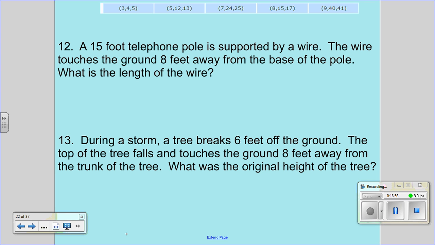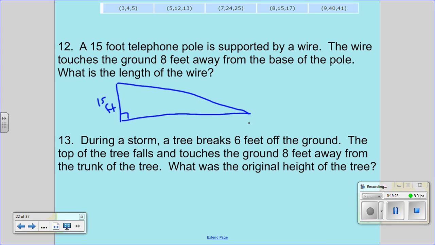Number 12 says a 15-foot telephone pole is supported by a wire. The wire touches the ground 8 feet away from the base of the pole. So we have a pole that's 15 feet with a wire hanging from it to the ground. It's a long wire, sorry. So here's my right angle.